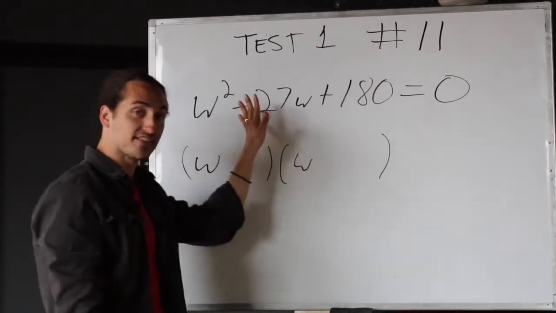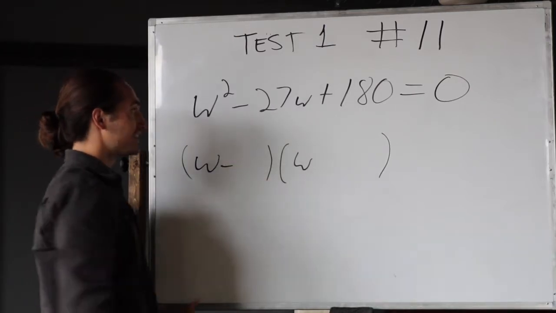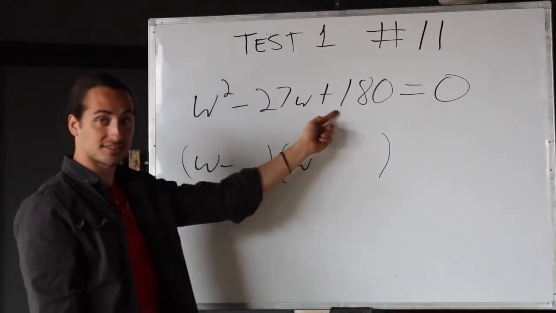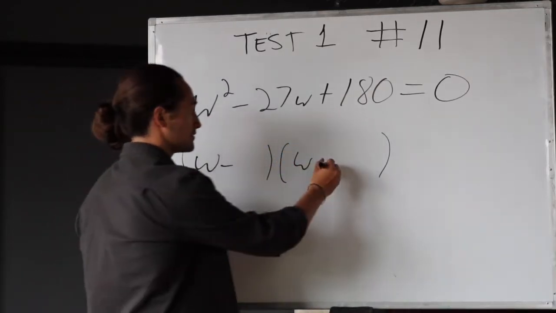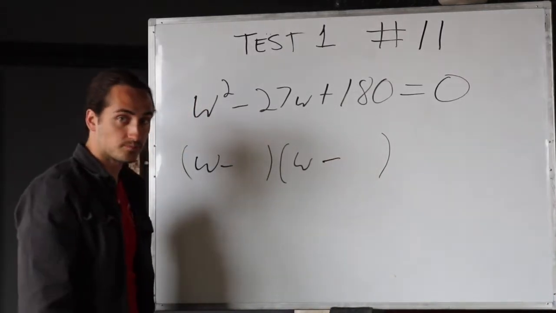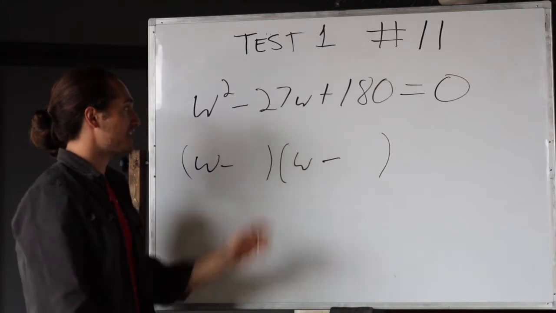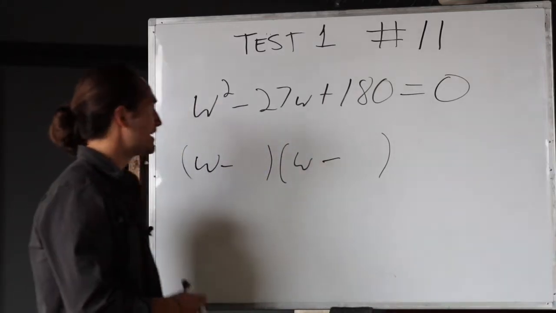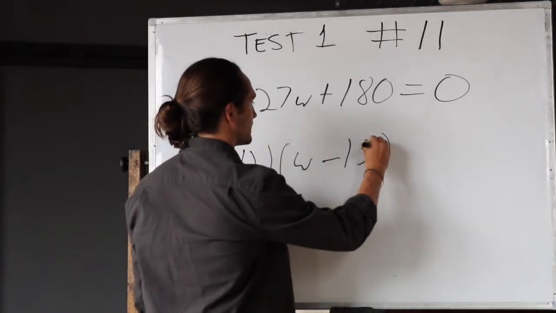This tells me that I'm going to have a negative somewhere, but a negative times a negative always equals a positive. So I make both of these negative. I then ask, what times what equals 180 that adds up to 27? So you kind of got to play with the numbers, but you play with them and you get 12 and 15, all right?